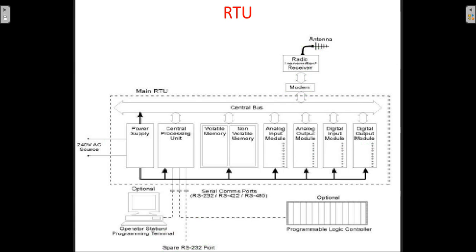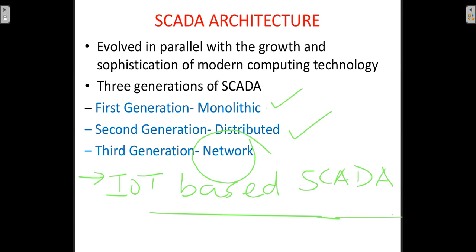From there we went ahead with the classifications in the SCADA architecture: the first generation, second generation, third generation, which is running as of today, the network based generation, and beyond that the IoT based SCADA system. The general discussion of what exactly they are, we will see in our next presentation.